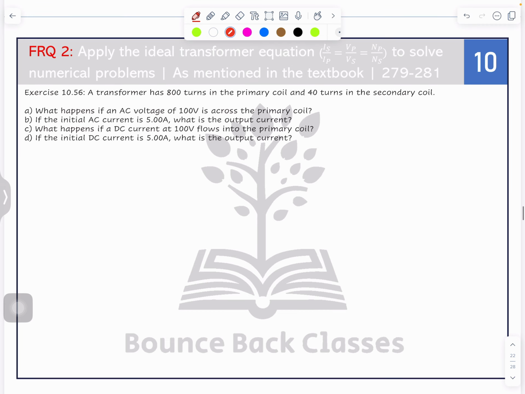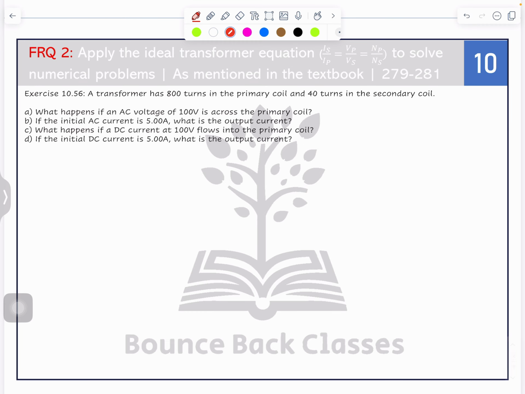Okay, now this is the question. A transformer has 800 turns in the primary coil. Okay, 800 turns. So NP is equals to 800. Okay, and 40 turns in the secondary coil.